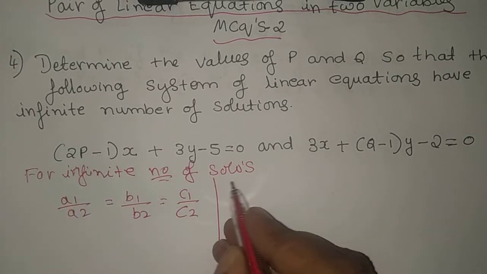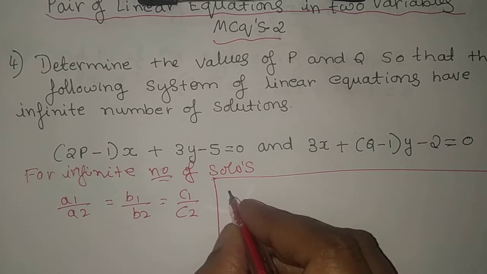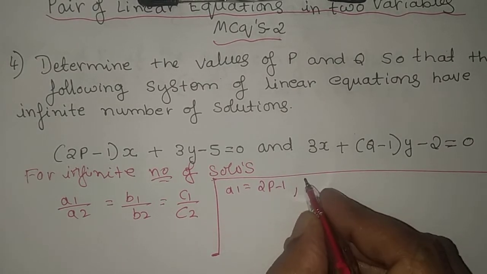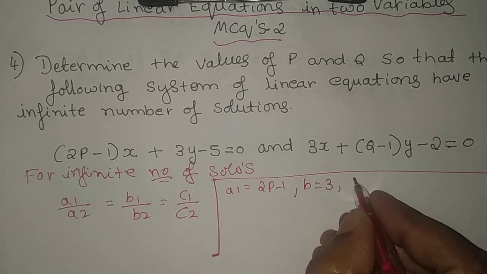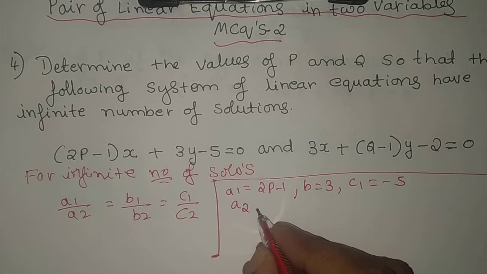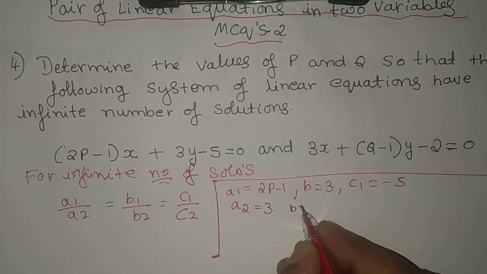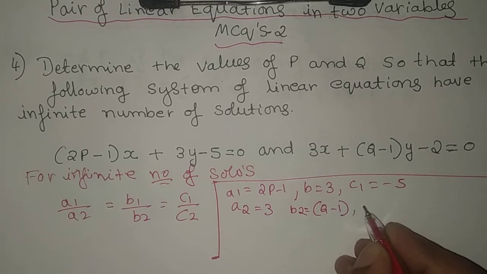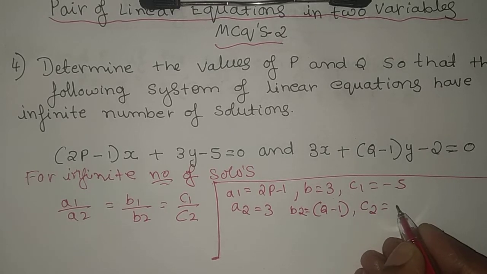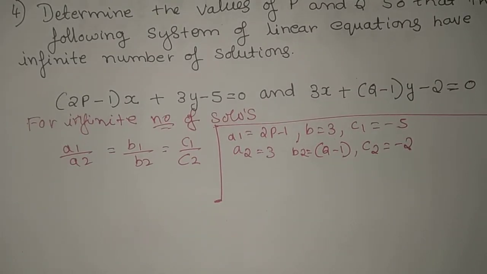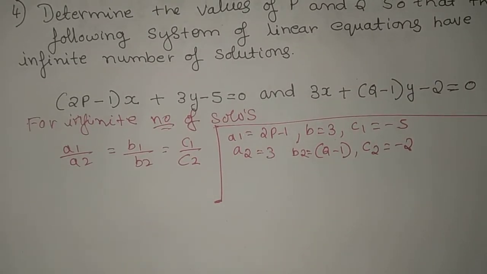Therefore, what are A1 and the rest? Just write down. A1 is equal to 2P minus 1. B1 is equal to 3. C1 is equal to minus 5. Similarly, A2 is equal to 3, B2 is equal to Q minus 1, and C2 is equal to minus 2. So now we have to substitute and see.